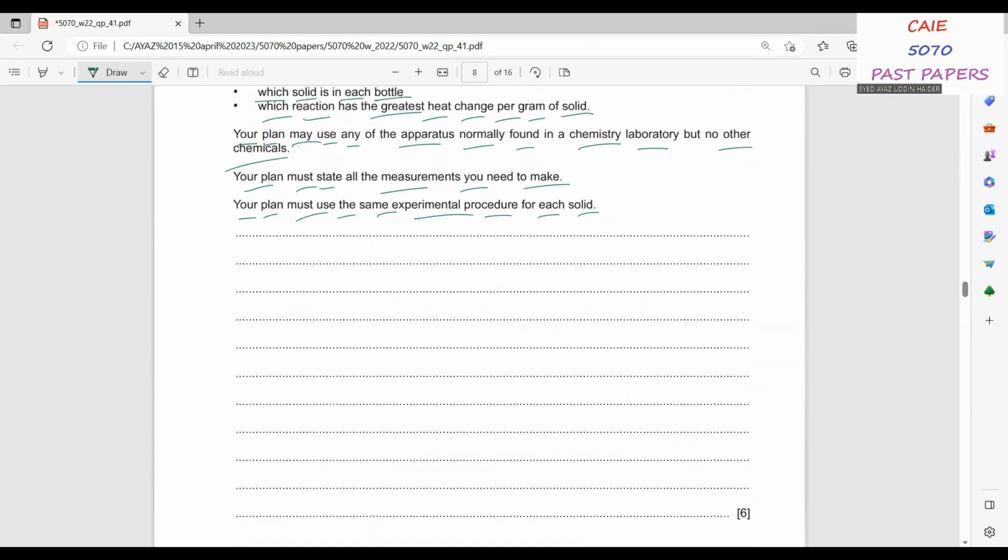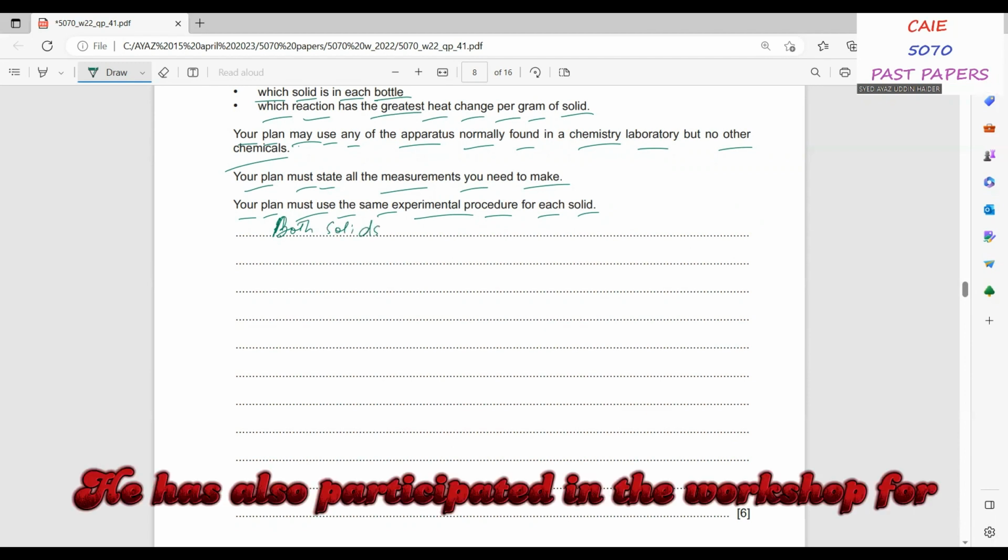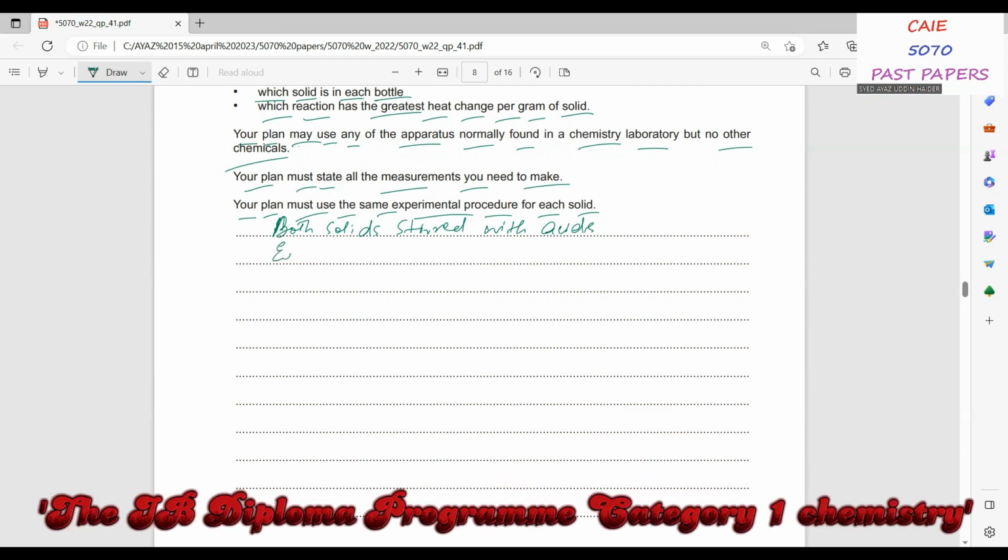So first of all, we'll take both solids with the acid and stir it, and we have to use equal concentration of acid.